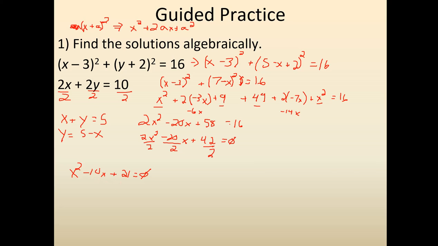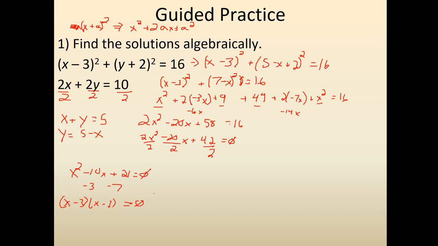Now I need to find two numbers that multiply to 21 and add to negative 10. Those two numbers are going to be negative 3 and negative 7. They both multiply to positive 21 and add to negative 10. So this becomes (x minus 3)(x minus 7).